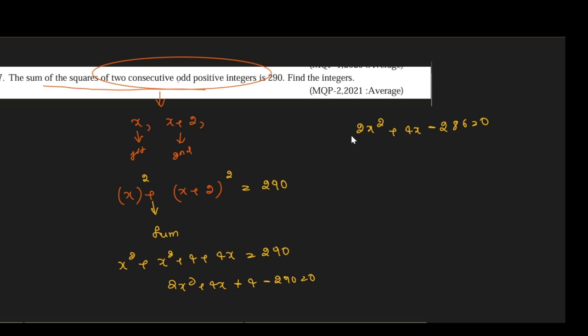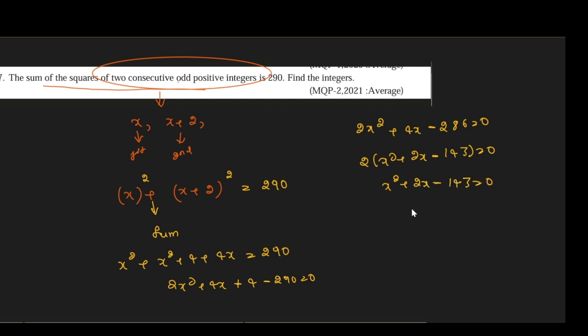Now we can bring the 2 outside. So we are left with x square plus 2x minus 143 is equal to 0. Okay. So we have x square plus 2x minus 143 is equal to 0.